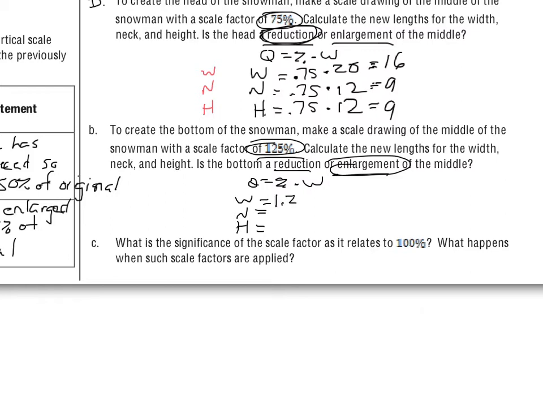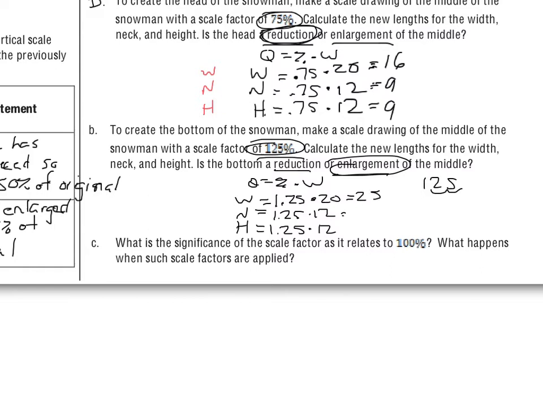Again, that's 125% as a decimal. 1.25 times the original 20, 1.25 times 12, and 1.25 times 12. Go ahead and do those calculations on your own. We should get for this one that this is going to be 25.